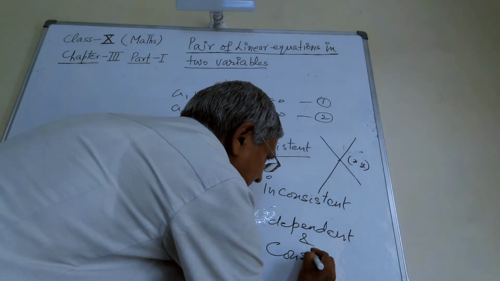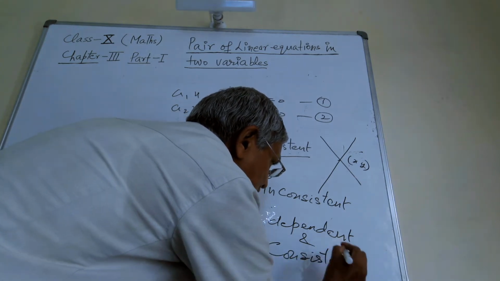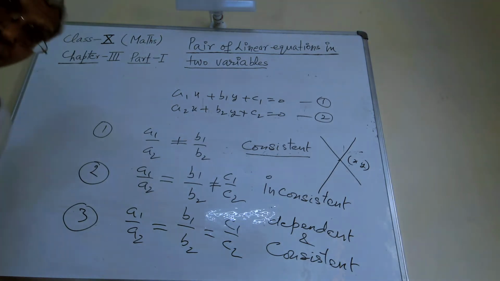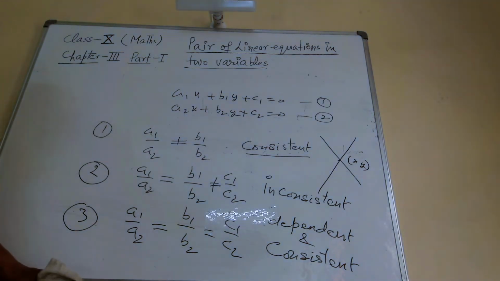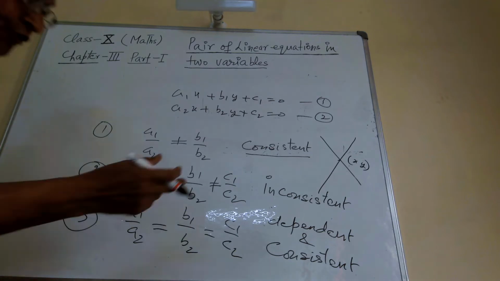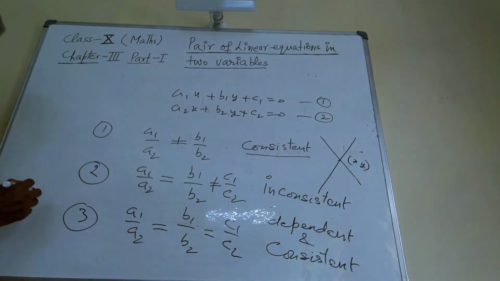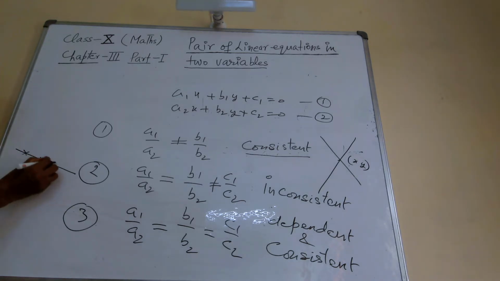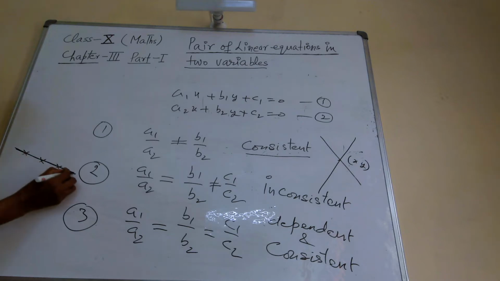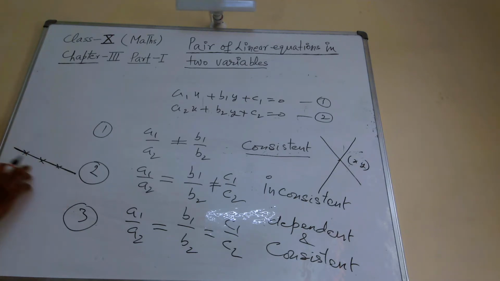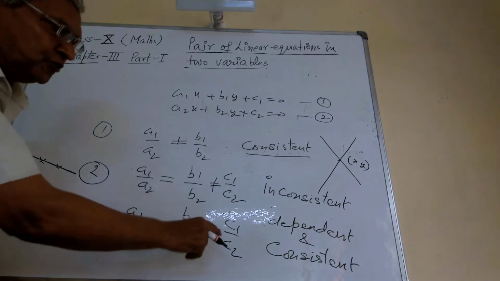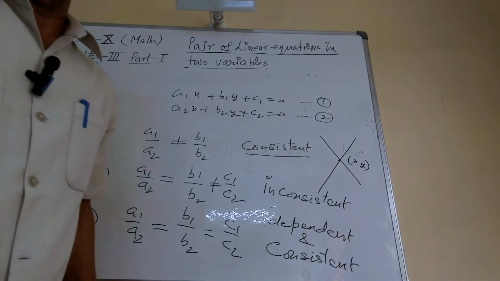It means these two equations have solutions, but infinitely many. When you plot these lines on the graph, you will get a single line for both. First plot the first line, then plot the second, and it will lie on the same line. Hence, all the points on this line will be the solution of the two equations.